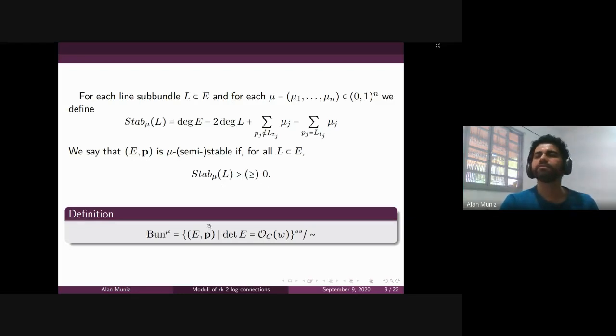And we can define the moduli space of quasi-parabolic vector bundles with fixed determinant.